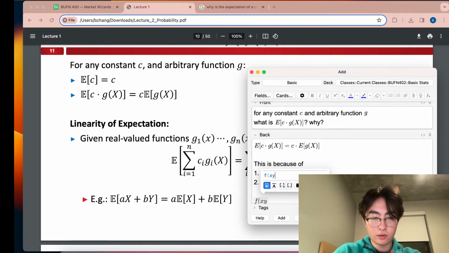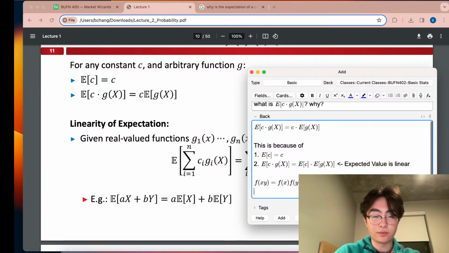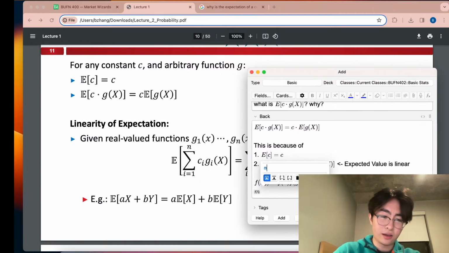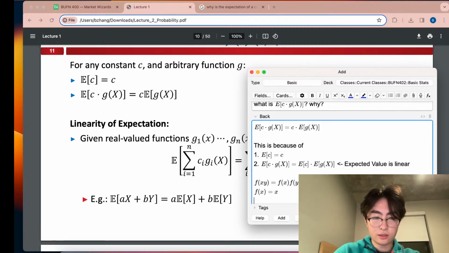f of x y is equal to f of x times f of y. So what is the case of this? That means that f of x is equal to x and f of y is equal to y.